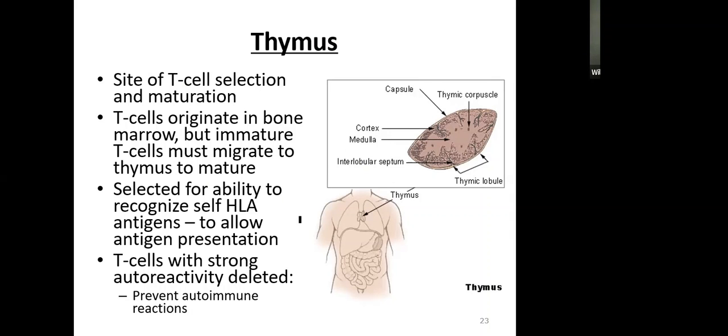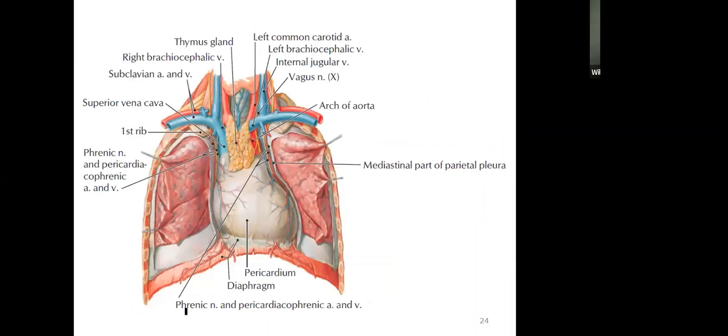Again, we're going to discuss this as we go through the histopathology later. And the T cells with strong autoreactivity become deleted, which prevents autoimmune reactions. We shall discuss this a little bit later. I just want you to know the relative position of it for now.